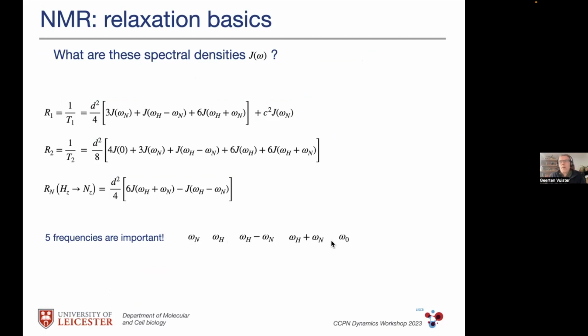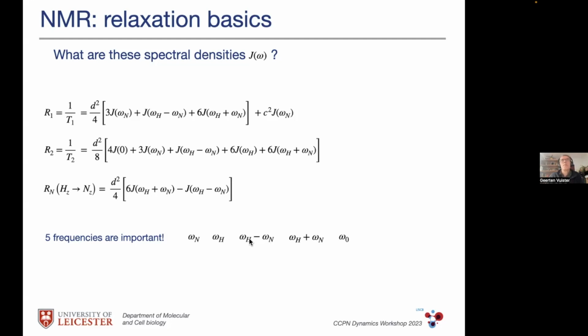To explain all of that, I would have other slides, or you would have to go through a lot of previous NMR material. But just to make this understandable, it contains the frequencies of the nitrogen and the proton. And that makes sense because those are the 2 spins that we're doing.